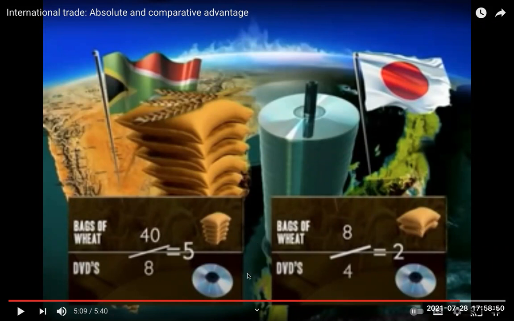It will cost Japan 2 bags of wheat to produce 1 DVD versus South Africa, where it is going to cost them 5 bags to produce 1 DVD. So it's better for South Africa to produce bags of wheat. All right. I'm hoping you got that.